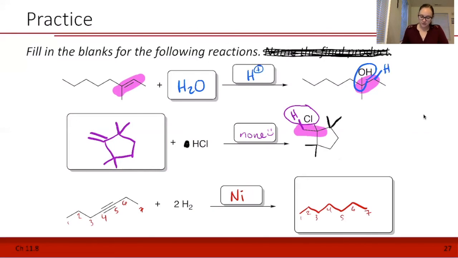So my double bond or my triple bond was between carbon 4 and 5, but now we have hydrogens there from our hydrogen here. Okay, hopefully you guys got those, and that is all we're doing for this practice. You guys will have more practice worksheets to try this stuff out and your online homework to get it down. I'll see you guys later.